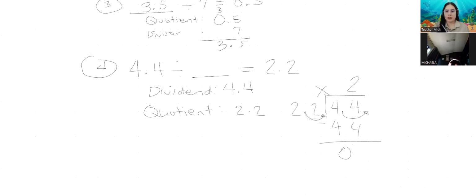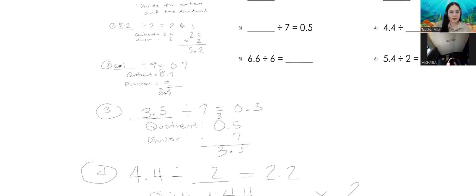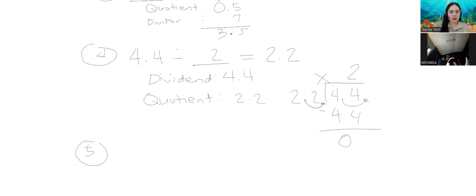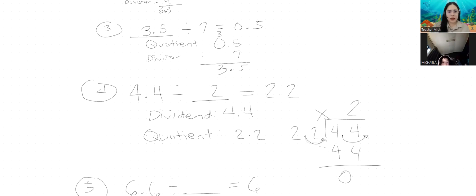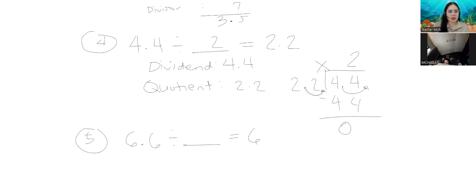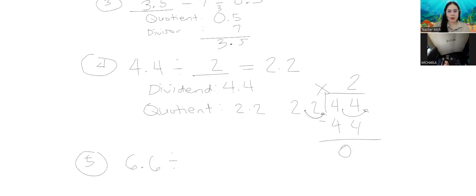Okay, how about if we have here number 5? We have here, anak, 6.6 divided by 6 is equal to blank.